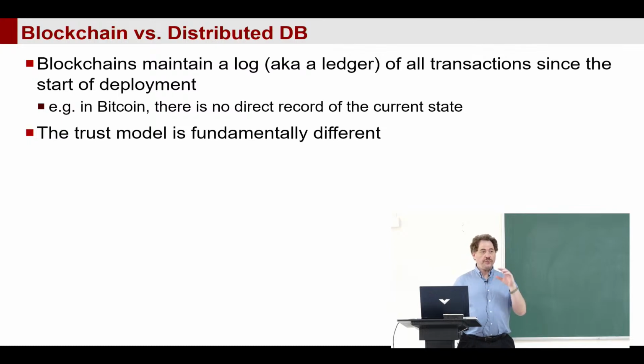There are two fundamental differences between distributed databases and blockchain, the way I see it. The first difference is that a database is an organized collection of data representing the current system state. And the main functionality of the database is to allow efficient data retrieval, fusion, aggregation triggered by user queries. So it's all about viewing the data.